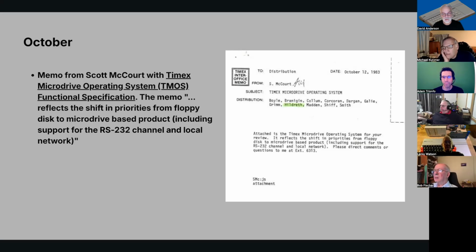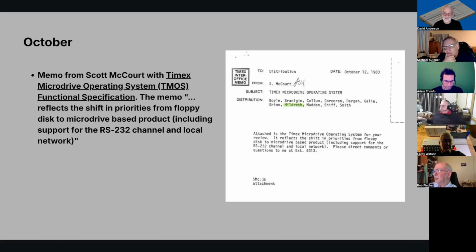It's the same original source, but for instance, they were going to add random access file access to their version of the Timex microdrive operating system, which is not a feature available in the Interface One.